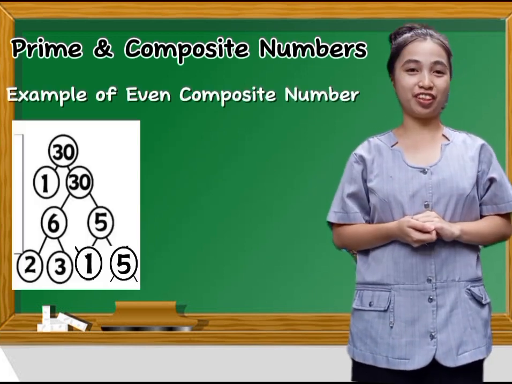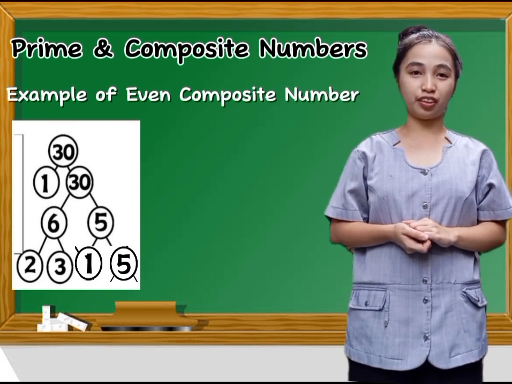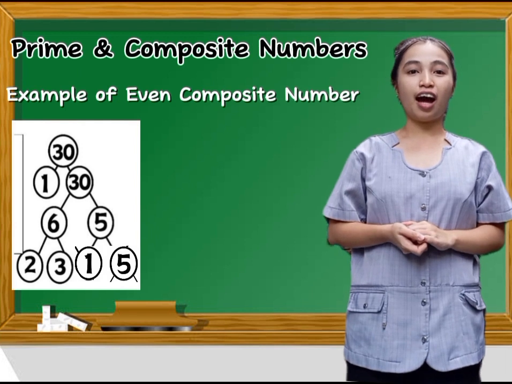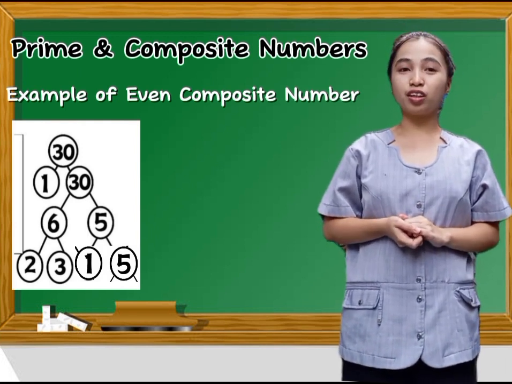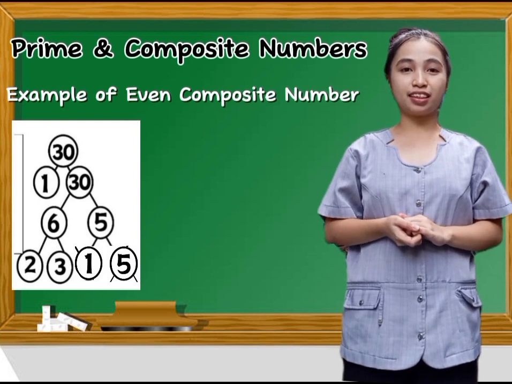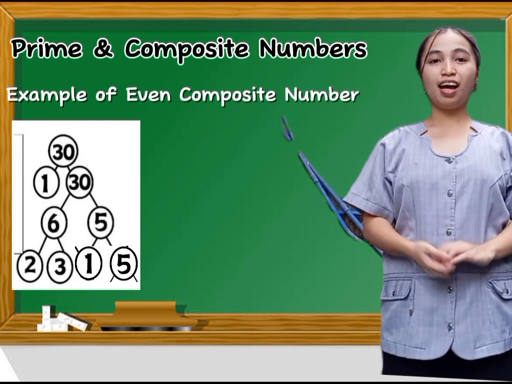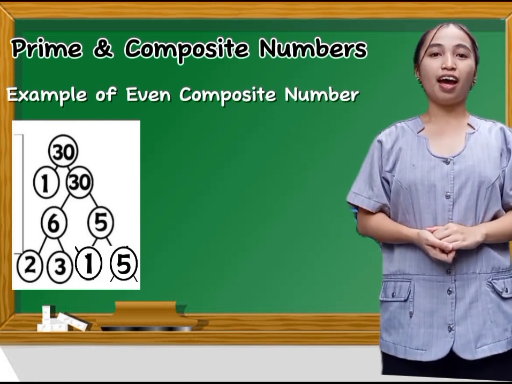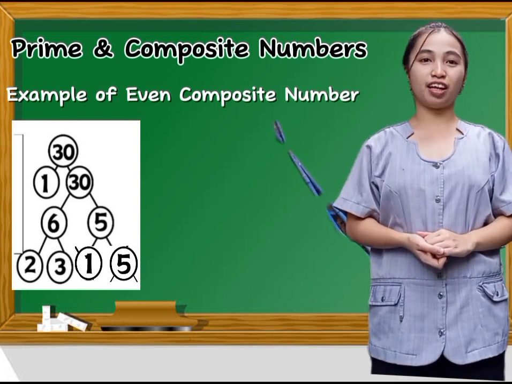For example, we have 30. 30 has factors of 1 and 30. And if we get the factors of 30, again, we can have 6 and 5, because when we multiply 6 by 5, the answer is 30. And 6 has factors of 2 and 3. And as for 5, it has factors of 1 and 5.